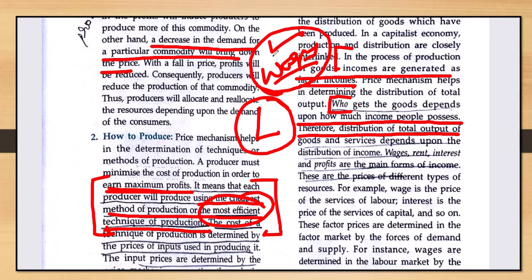The section where higher wages were distributed will get more output, because since they have got higher wages, they will be able to afford more goods and services.